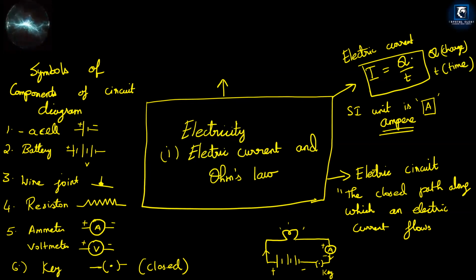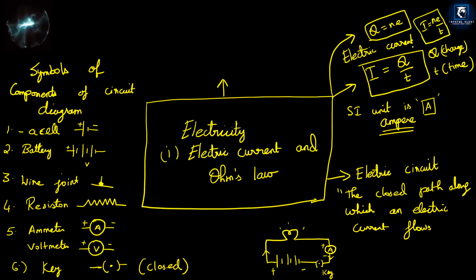Q is equal to NE, the other formula. Another way of saying is I is equal to NE by T, because Q is nothing but NE. Just like this, note down the formulas, the different ways it can be asked.